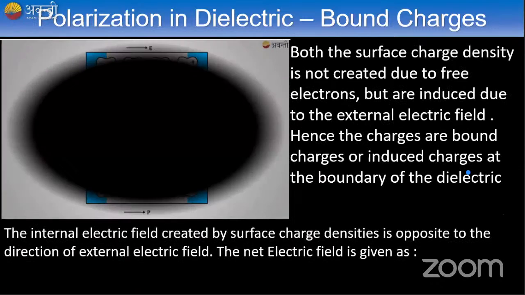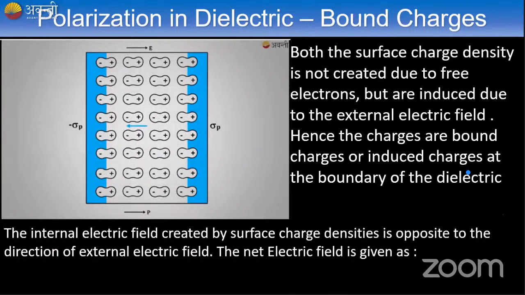Both surface charge densities are not created due to free electrons. Please make a note of this. But how are these dipole moments created? Guys, tell me.